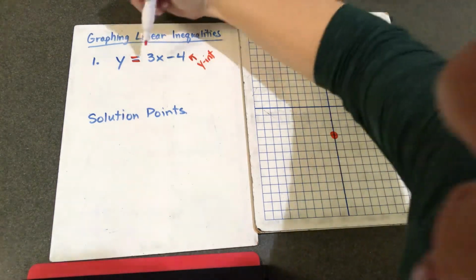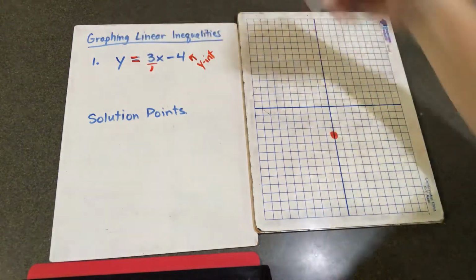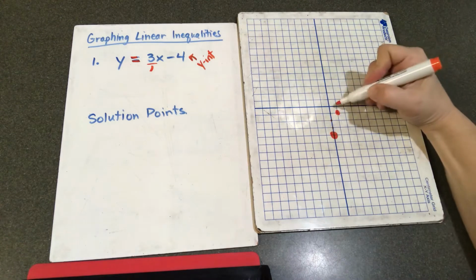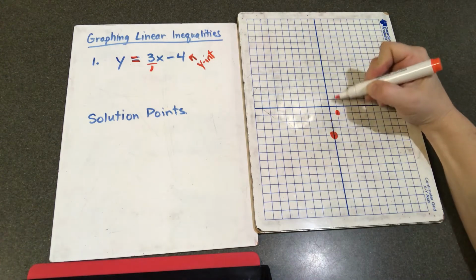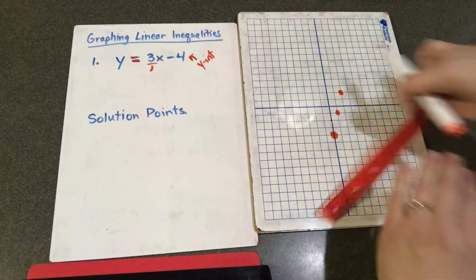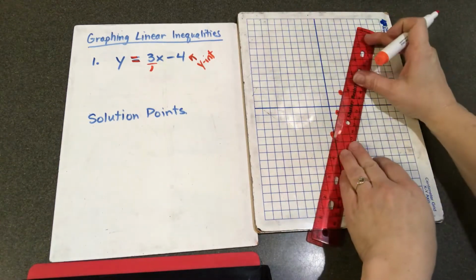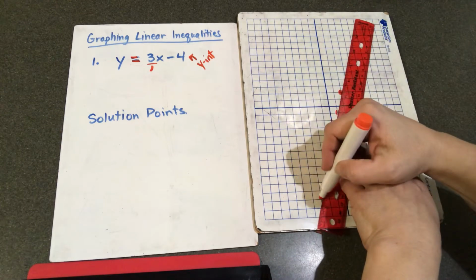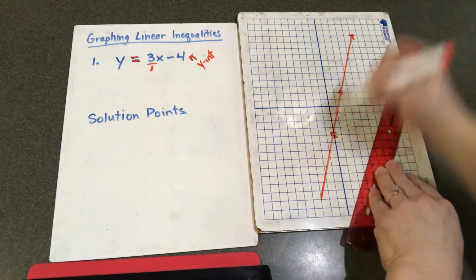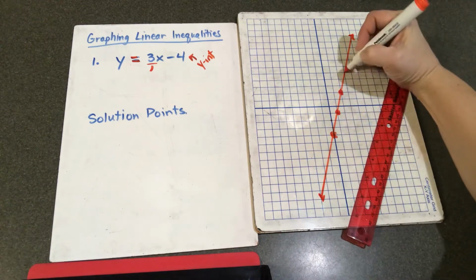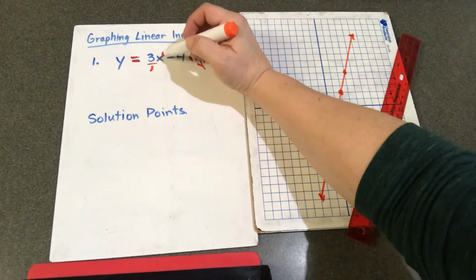And then our slope is 3 over 1. So from here, we're going to count up 3 and over 1 and up 3 and over 1. And we're going to draw our line. So remember that this line represents every solution point that works in this equation.